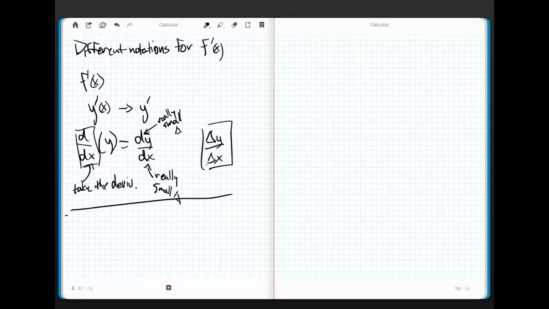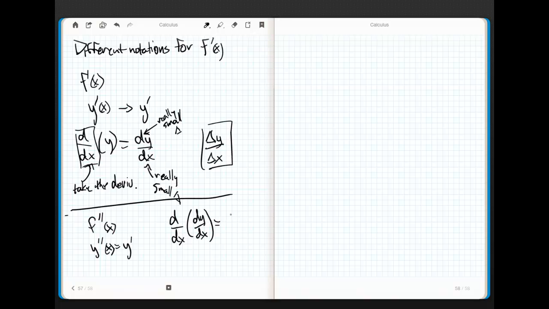Now, if I can take a derivative of a function, and that derivative is a function, guess what else I can do? I can take its derivative. So I can express that as f double primed of x. I can express it as y double primed of x, or y prime prime, or I can go through this exact same process here of dy over dx, and watch what I get.